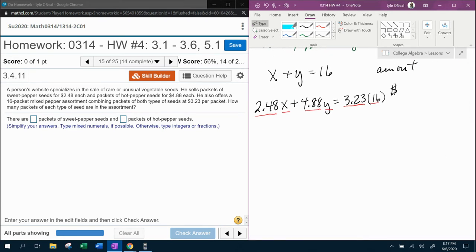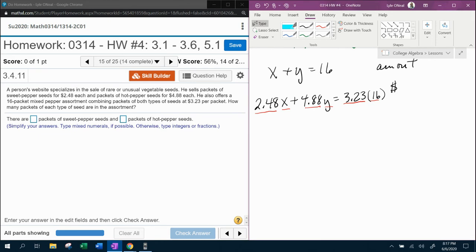And I choose substitution. So I'm going to start by moving this X over, which will make it minus X. And then that says Y equals 16 minus X. So I can replace Y in the second equation with what it's equal to. All right, so here we go.